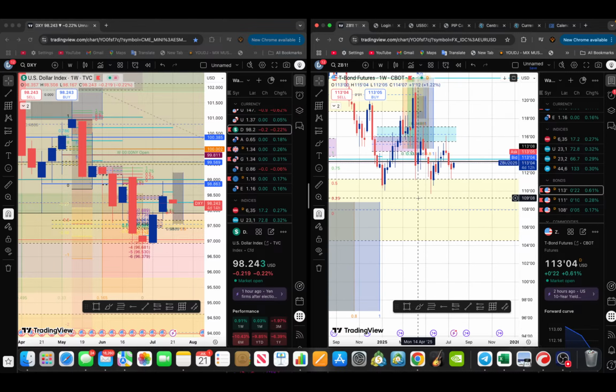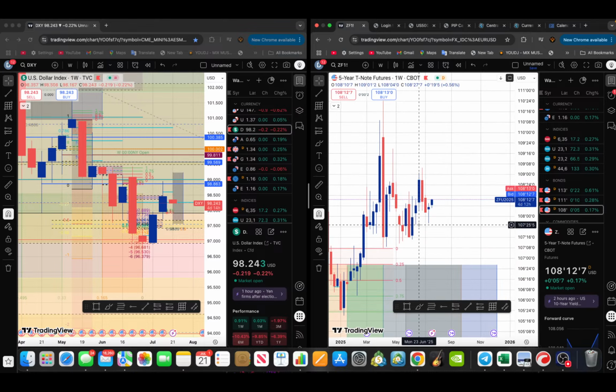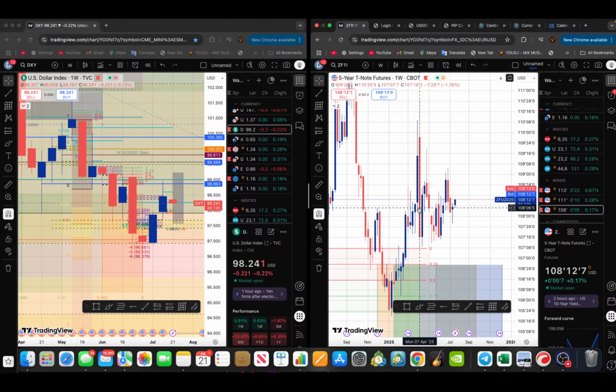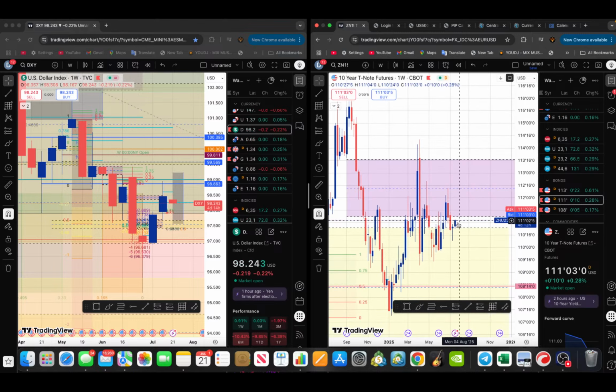Don't really want to see it go further bearish. Here, done the same thing. Here, done the same thing. So yeah, it's looking more bearish. The lower the bond year, so 5-year, looking even more bearish. No, bullish, sorry. Even more bullish.